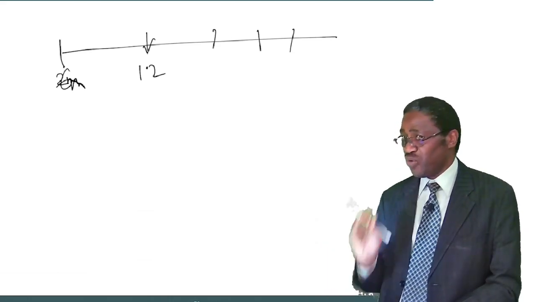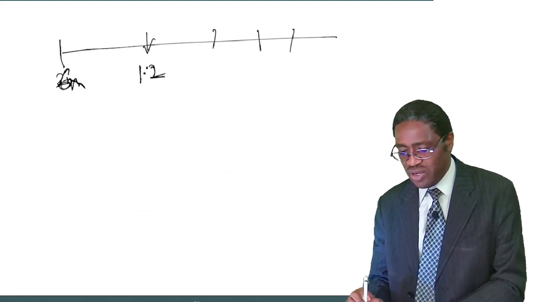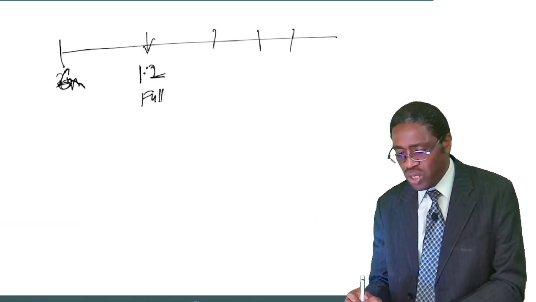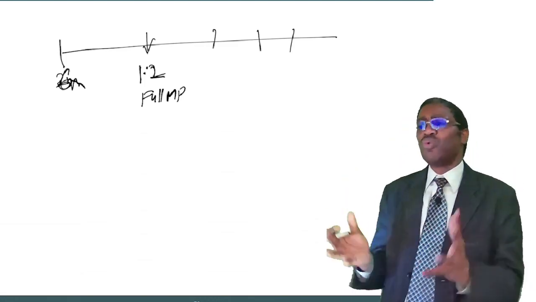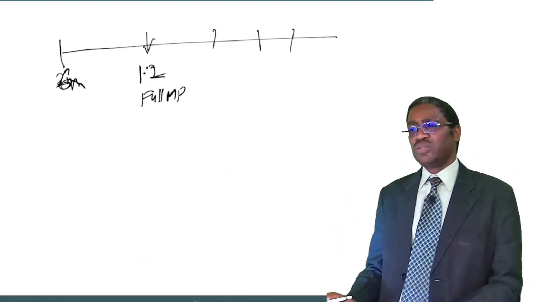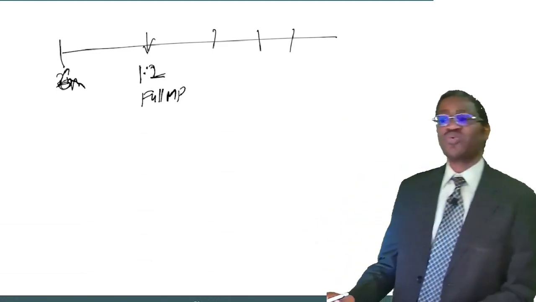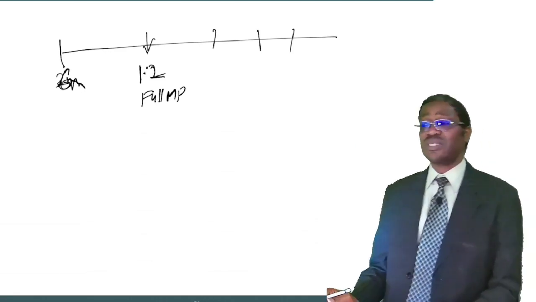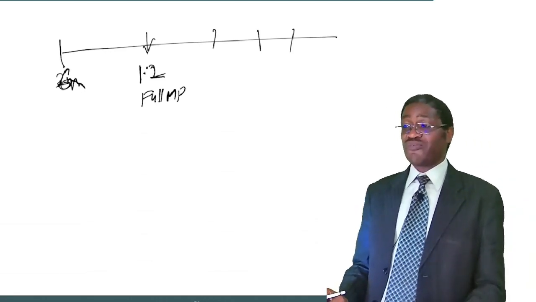For example, we started with 6 million. Then somewhere we issued 1.2 million at full market price. So you obviously know the rule for shares issued at full market price. What did we say when we were discussing the basic EPS?